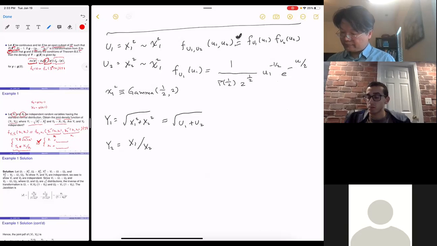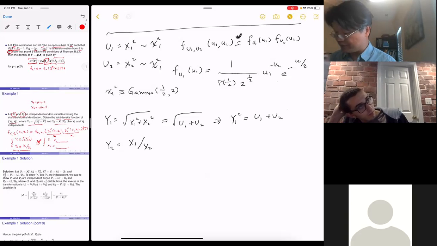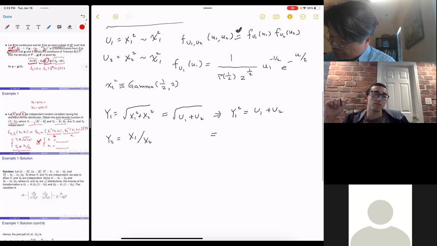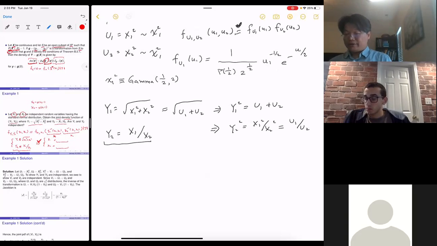And from Y2, Y2 squared equals X1 squared divided by X2 squared, which becomes U1 divided by U2. Okay, good.